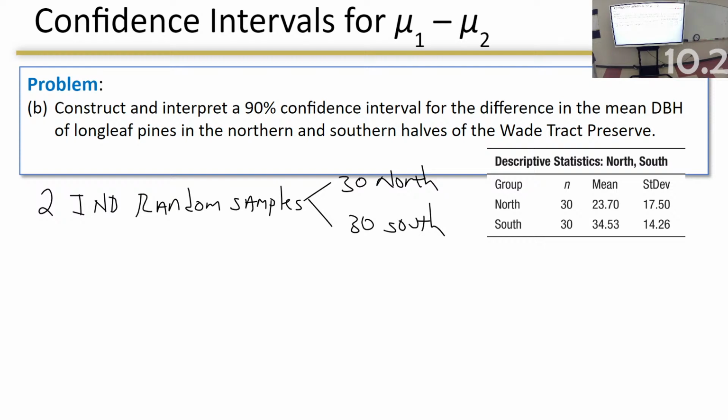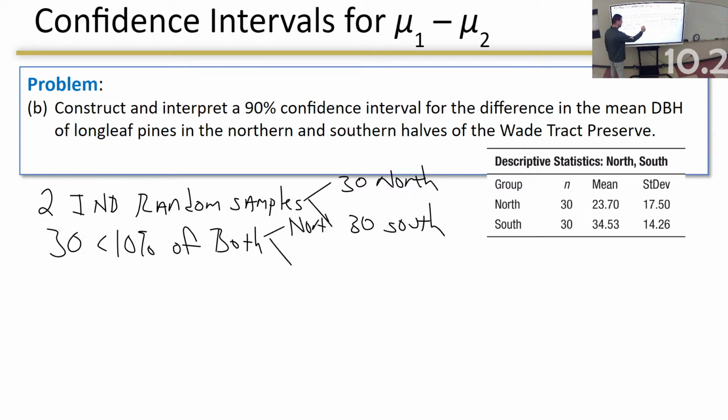That proves it. 30 is less than 10% of both north and south. 30 is greater than or equal to 30, north, south.